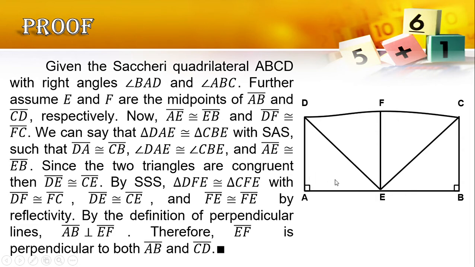Now, since they are midpoints, we can say that line AE is congruent to line EB, and DF is congruent to line FC.